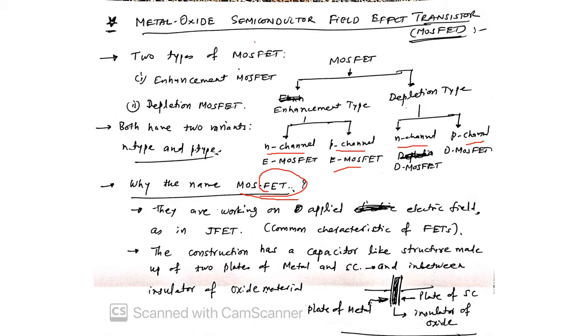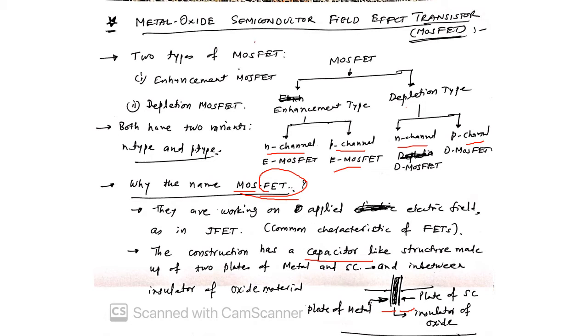Second thing is it says metal oxide semiconductor. It is specifically about the junction phenomena, that is, the construction has a capacitor like arrangement, a capacitor like structure. One side is made up of a metallic plate, and another side is made up of semiconductor material, and in between there is a layer of oxide material which acts as an insulator.